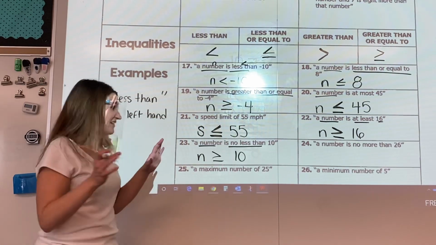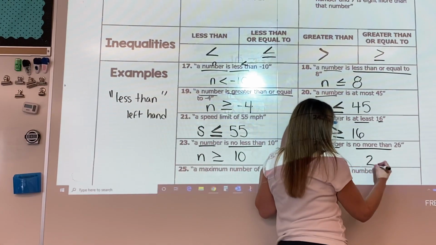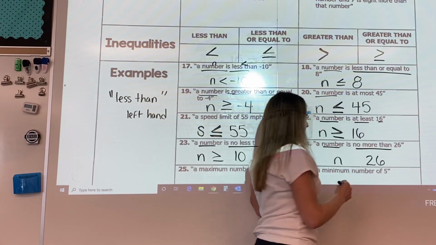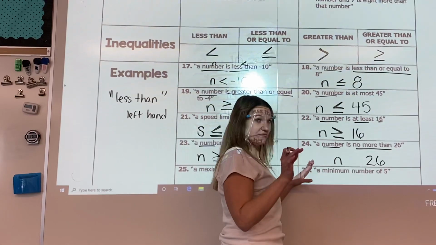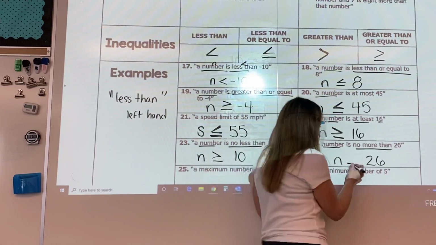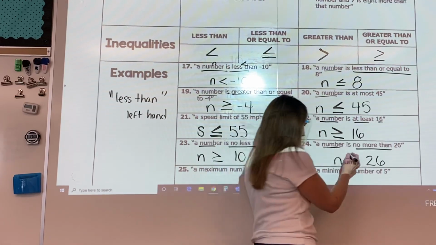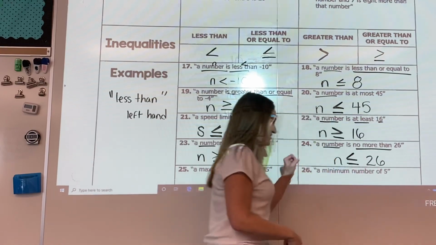Reverse that thinking. A number is no more than 26. Put our n and our 26. No more than, can it be 26? Yeah. But it can't be more than, so it has to be less than. Less than or equal to. Very nice.